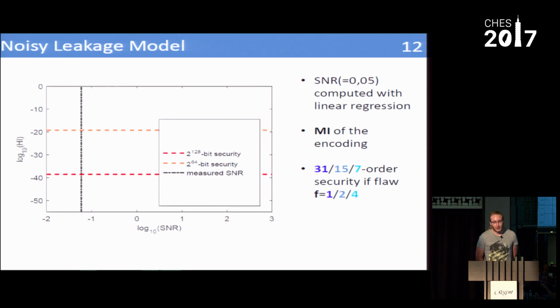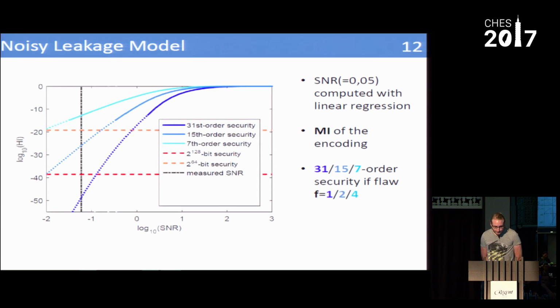Now we want to look at the noisy leakage model. What we want to do here is to compute the hypothetical mutual information as a function of the noise, so the SNR. We measure the SNR of our device thanks to linear regression. Even though we didn't spot anything that could show a flaw in the security, in order to be very conservative and to have a worst-case security level, we still consider it.